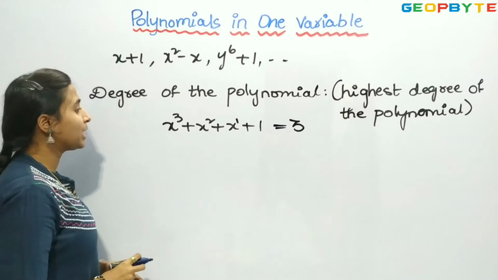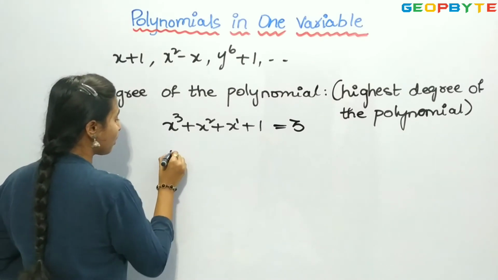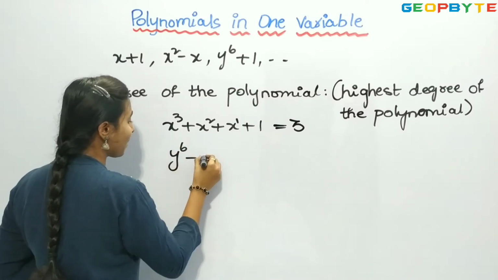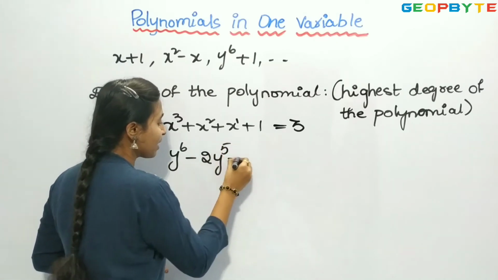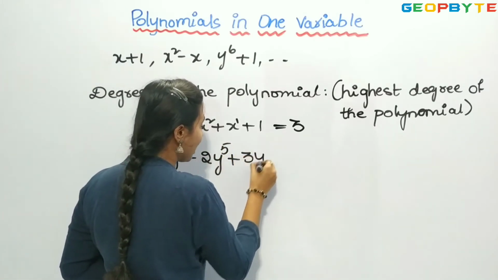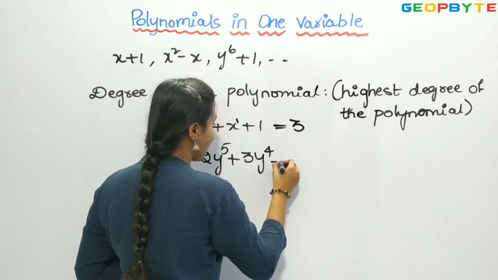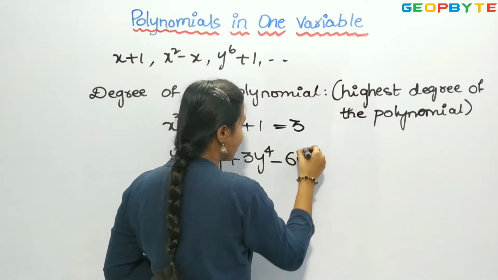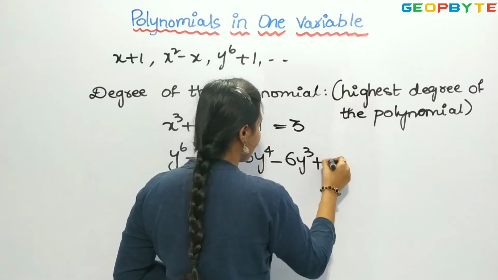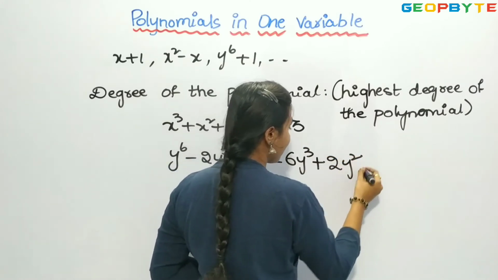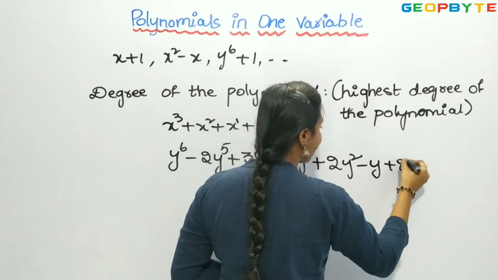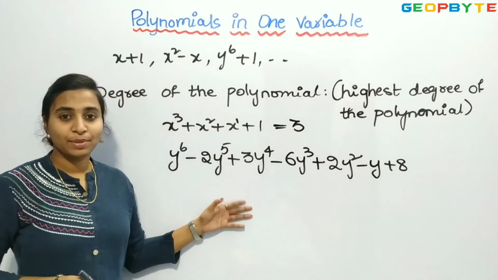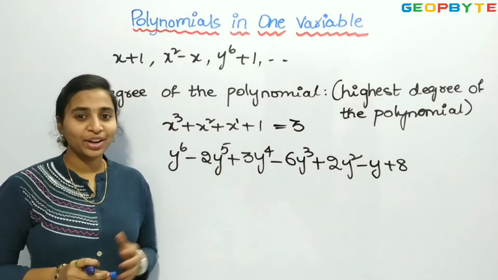So let me take another example. y power 6 minus 2 y power 5 plus 3 y power 4 minus 6y cube plus 2y square minus y plus 8. Now this is such a big polynomial.